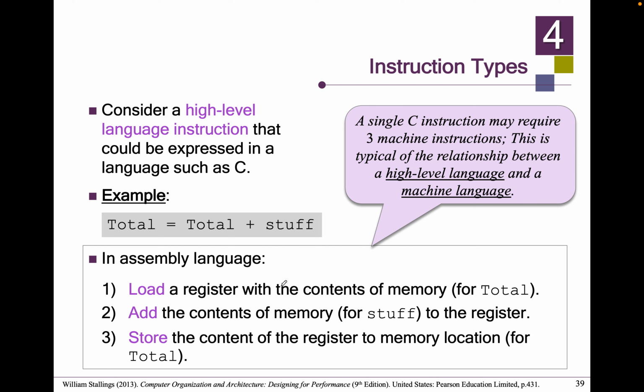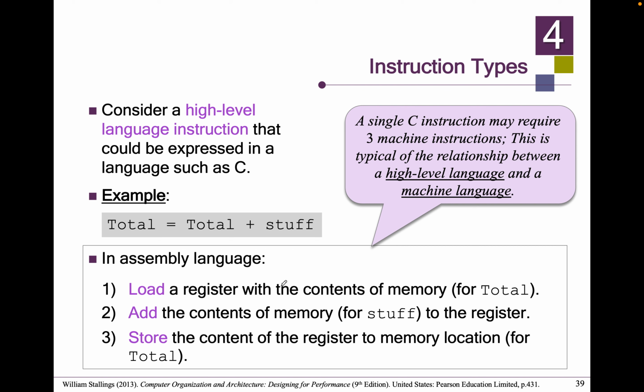Okay, instruction type. What is your instruction type? It consists of a high-level language instruction that could be expressed in a language such as C. For example, total equals total plus stuff.